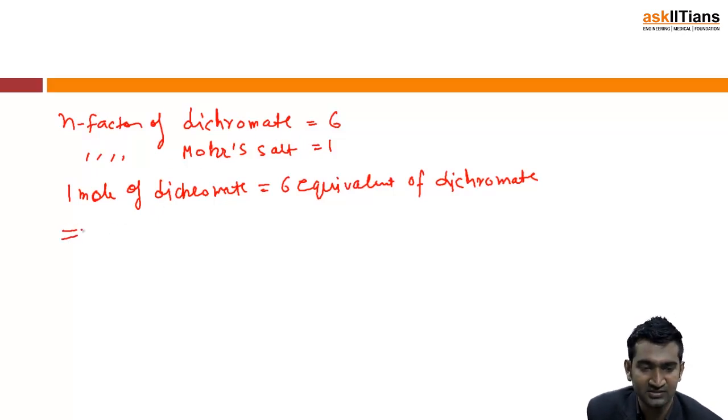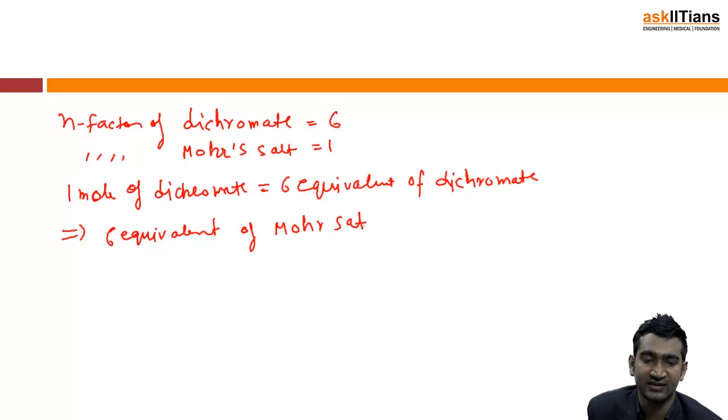As given in the question, it is getting titrated against Mohr's salt, so you have to take 6 equivalents of Mohr's salt.